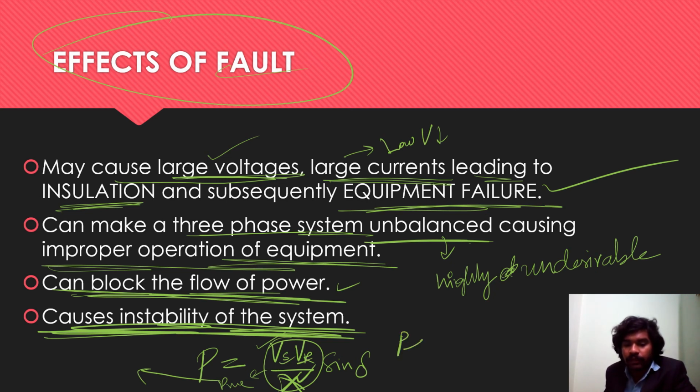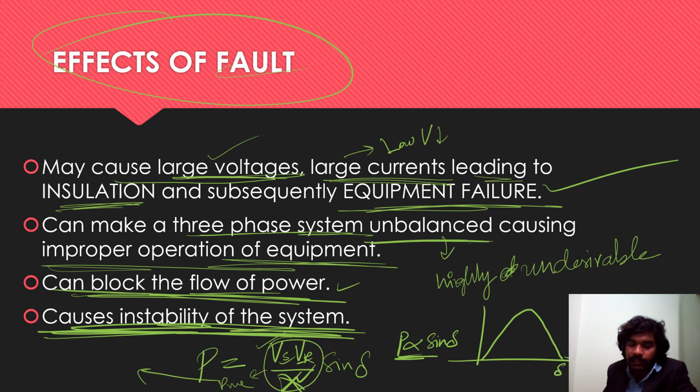So we can say the power flow is directly proportional to sine delta, and accordingly you get a power angle curve like this, where this is delta and this is the power. This is the P max power, and it occurs when delta is equal to 90 degrees. This angle delta is directly proportional to load.